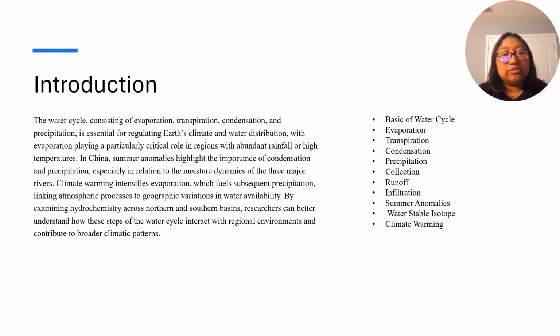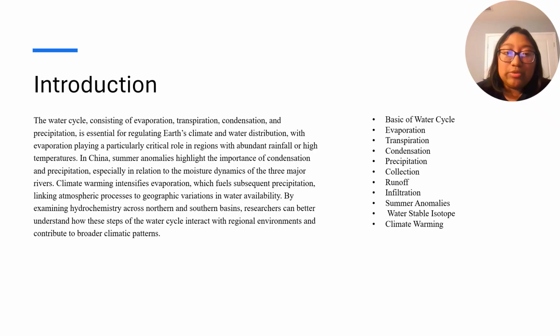The water cycle, consisting of evaporation, transpiration, condensation, and precipitation, is essential for regulating Earth's climate and water distribution, with evaporation playing a particularly critical role in regions with abundant rainfall or high temperatures in China.